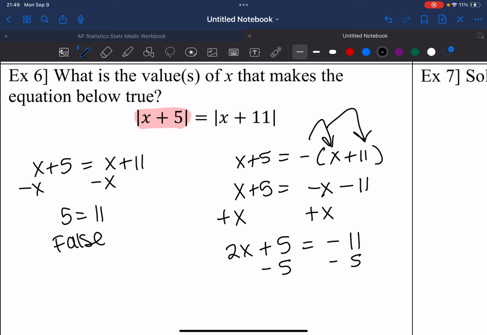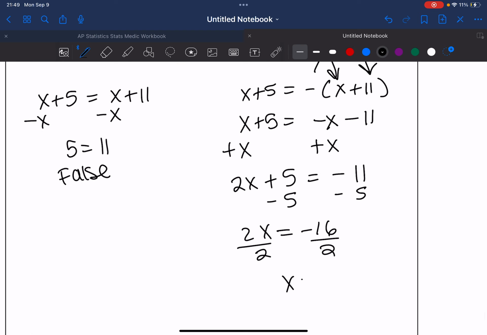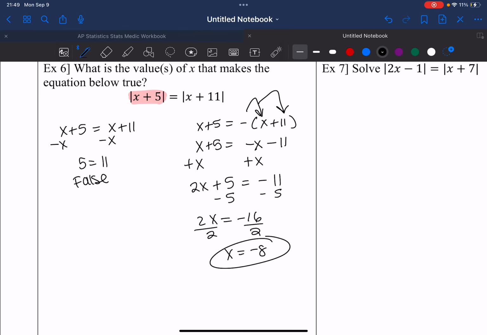Subtracting 5, I get 2x is equal to negative 16. Dividing by 2, I get x is equal to negative 8. Okay, so it looks like here my only possible answer choice is negative 8, but I'm still going to check to see if I'm going to get a true statement.